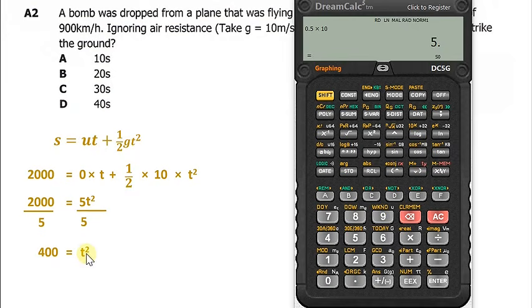Now we are looking for t, not t squared, so to get rid of the square, we take the square root of this side and also this side. The square root of 400 is 20, and the square and the square root cancel, so we remain with t. So t is actually 20 seconds. Our answer will be B, if not mistaken.